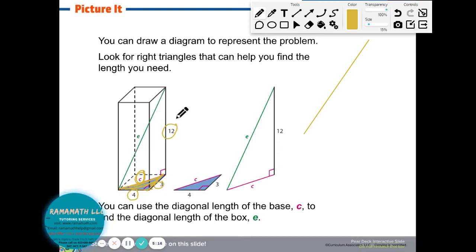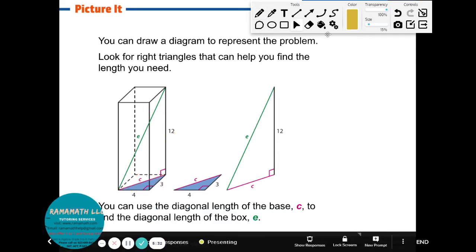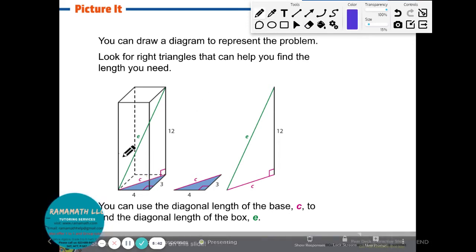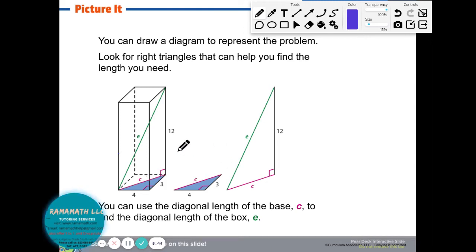So in this question, whenever you're finding the longest diagonal, or the longest rod that fits in the room, you have to use the Pythagorean theorem two times. Okay, so let's go ahead and use the Pythagorean theorem on this one. I'm going to use a different color. The first one, what I'm going to do, I'm going to use the Pythagorean theorem.